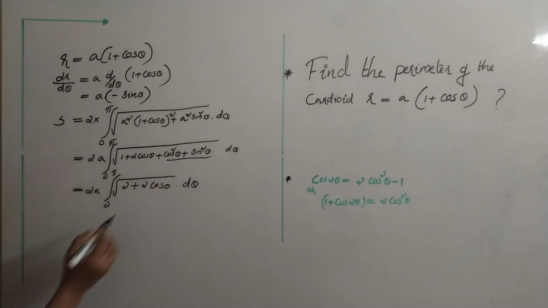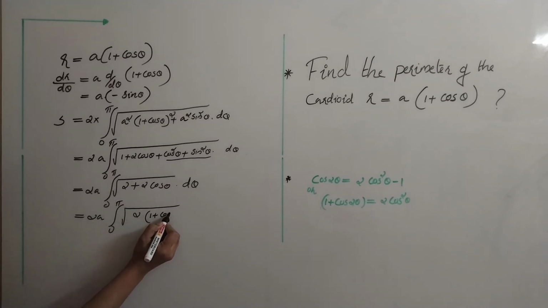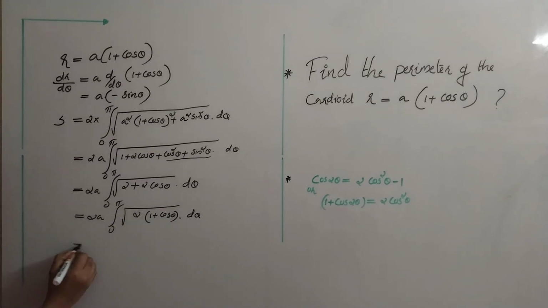2a times the integral from 0 to π of √(2(1 + cos θ)) dθ, and we know that 1 + cos 2θ is equal to 2 cos² θ.